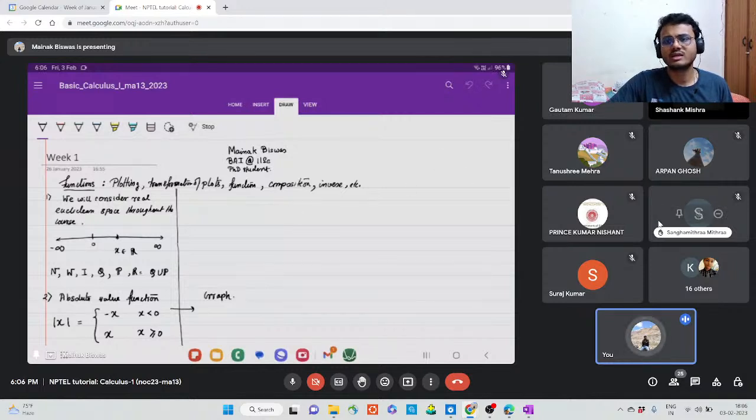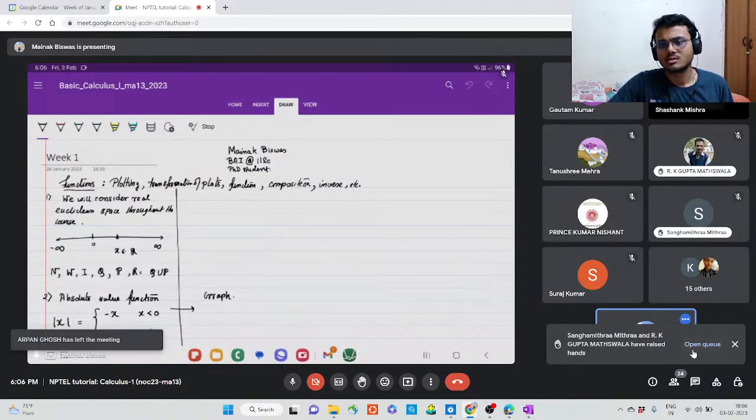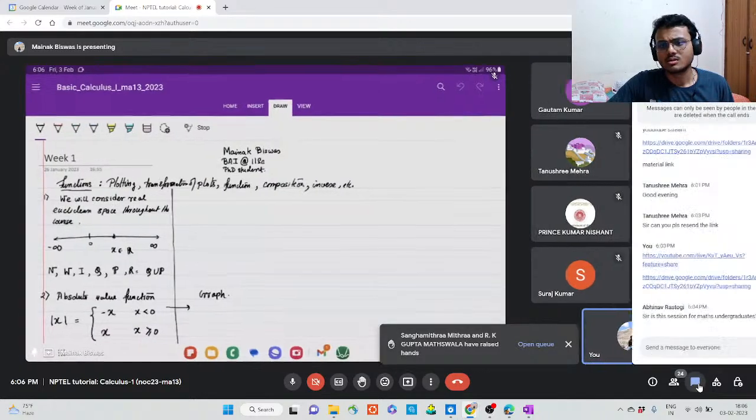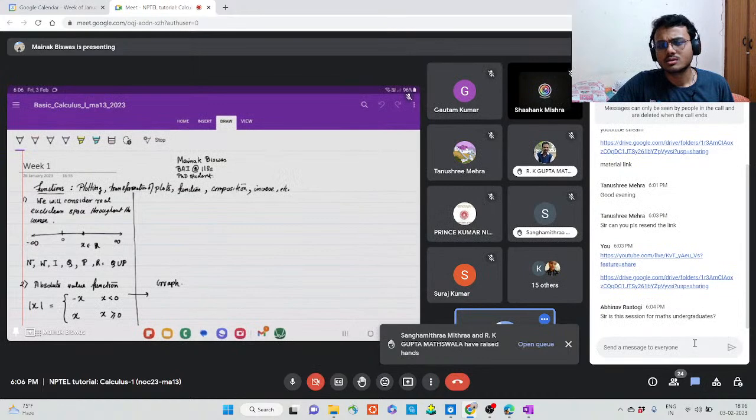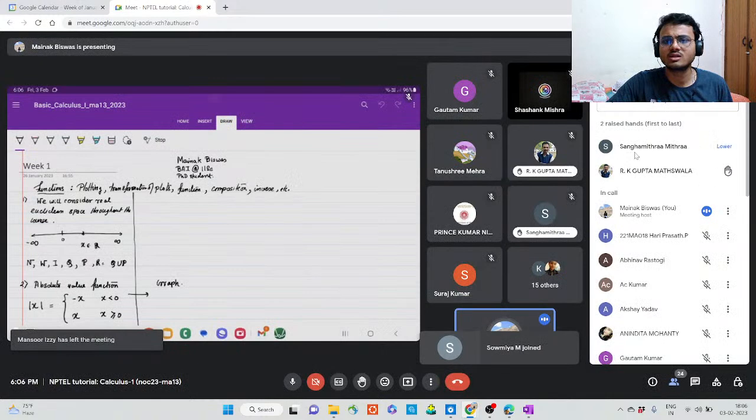If you have a raised hand, you're not unmuted. So yeah, you can go ahead and ask your question. I don't understand. You have two people raising your hand. Shanghamitra can ask her question, then RK Gupta can ask his question.